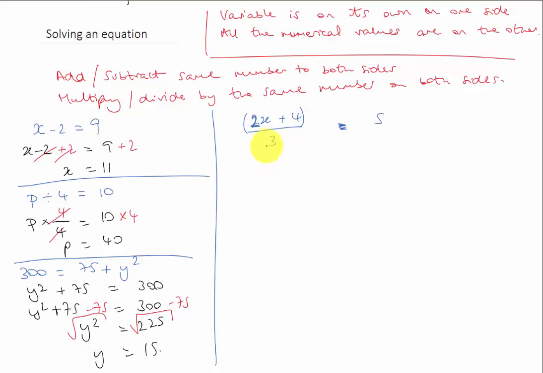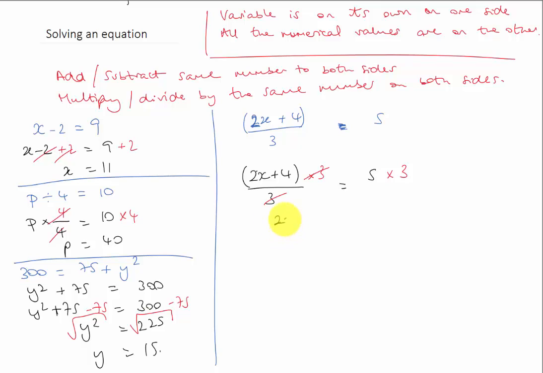Alright, so first thing I want to do is get rid of this 3 on the bottom here. So 2x plus 4 over 3. So I need to multiply by 3, because then these will cancel each other out. It'll be like multiplying by 1. So equal to 5. I need to do the same thing on the other side, times 3, so I can cancel these out.